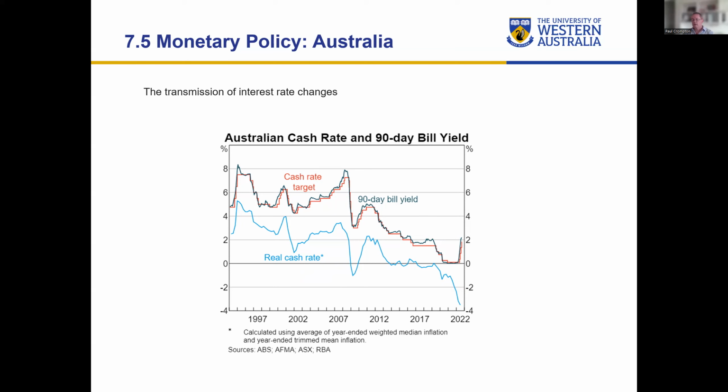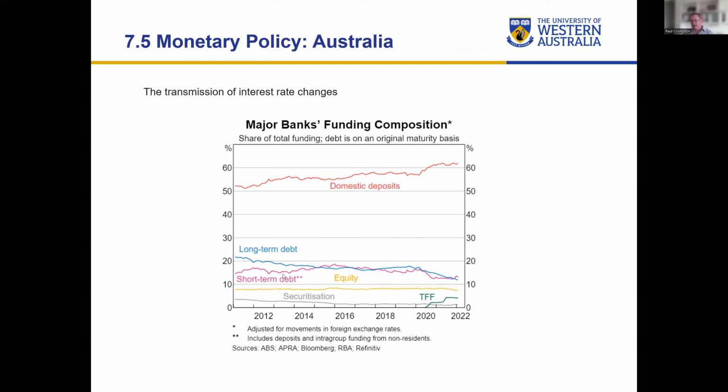So if I asked you to look at this pink line, short-term debt, what interest rate do you think Australian banks are paying to borrow money in short-term debt markets?